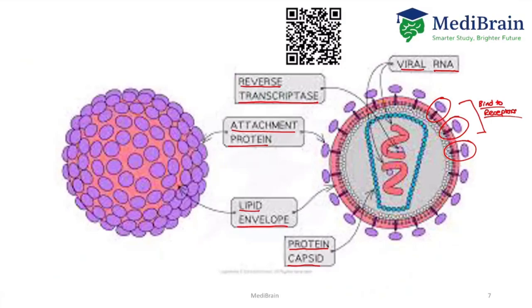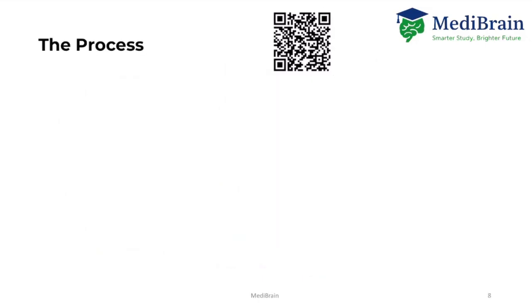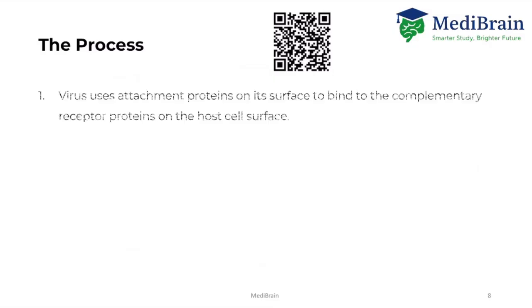All our body cells have receptors, and because there are loads of viruses, that's why some viruses affect different parts of the body. The virus will bind onto the complementary receptor on the cell. Once it's bound to the complementary receptor, the body cell can take in the virus.